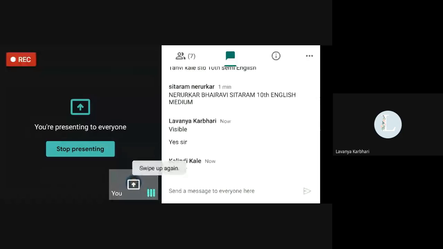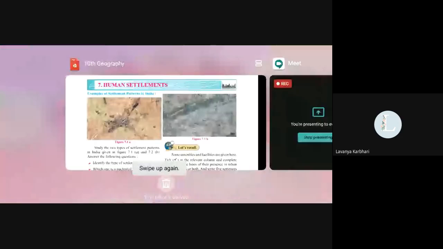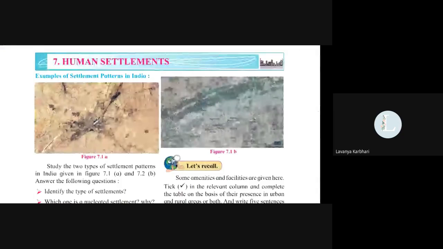So let's start your seventh lesson. It's human settlements. Okay. So examples of settlement patterns in India.